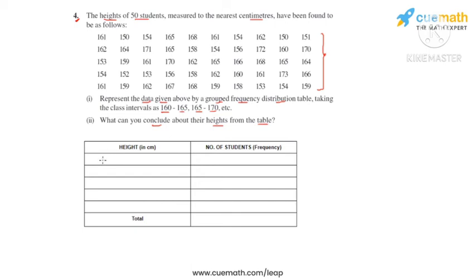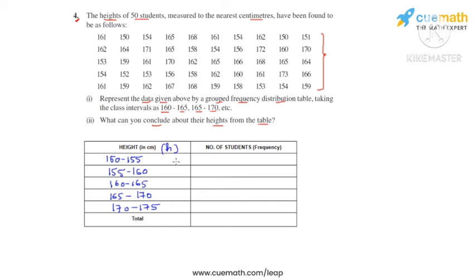So our classes are 150 to 155, 155 to 160, 160 to 165, 165 to 170, and then finally 170 to 175. Now we will have to see how many students fall in each of the class intervals. So we can say that height in centimeters is h. Now let's see the number of students that fall into each of these classes.